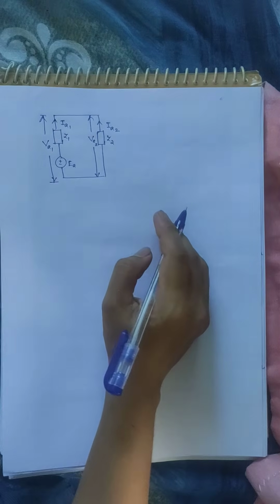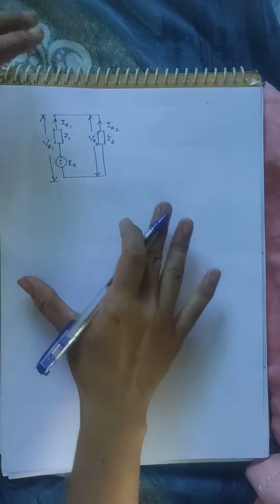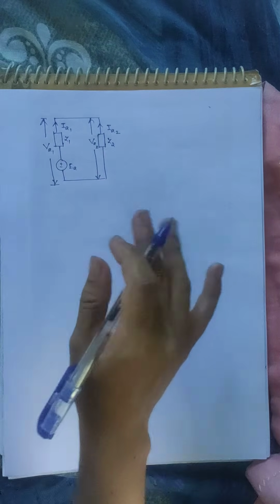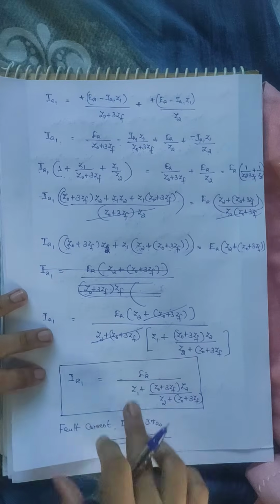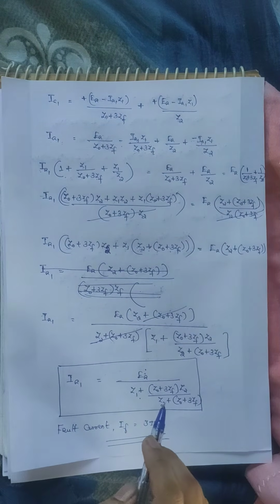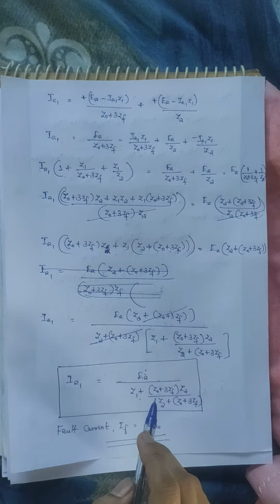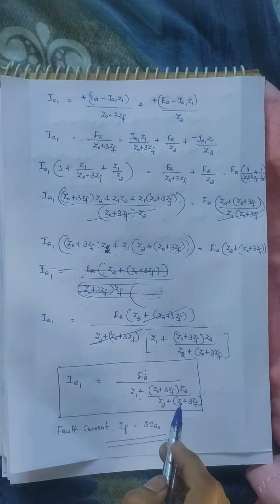So from the equation VA1 is equal to VA2, we have drawn this much. Now let us see the equation for current IA1. We got IA1 as EA divided by Z1 plus Z0 plus 3ZF into Z2 divided by Z2 plus Z0 plus 3ZF.